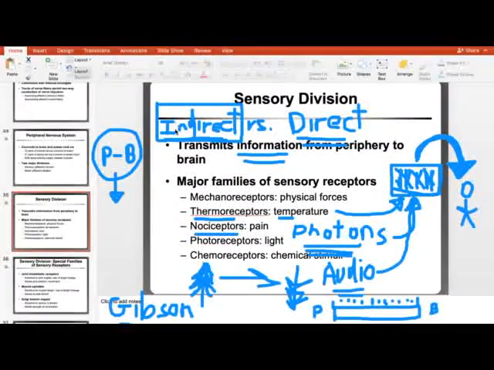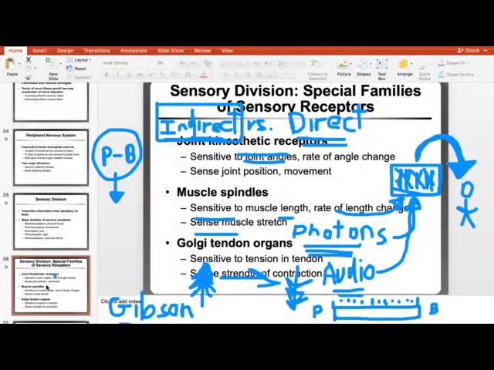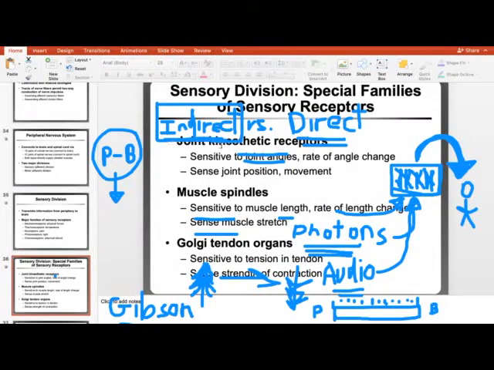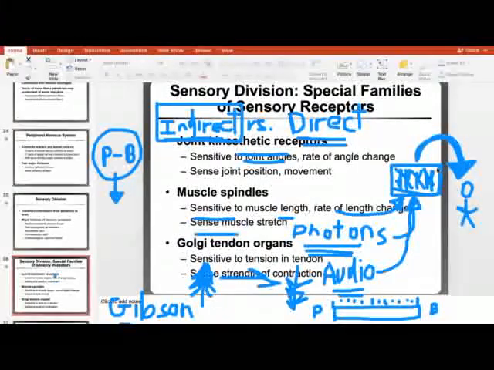And it's not just photons that are coming in. It's sound, audio, light, pain, temperature, forces, newtons, chemicals. And not only those things, but also muscle spindles, Golgi tendon organs, joint kinesthetics. All of these are informative signals in and amongst themselves that don't need to be calculated by the brain.